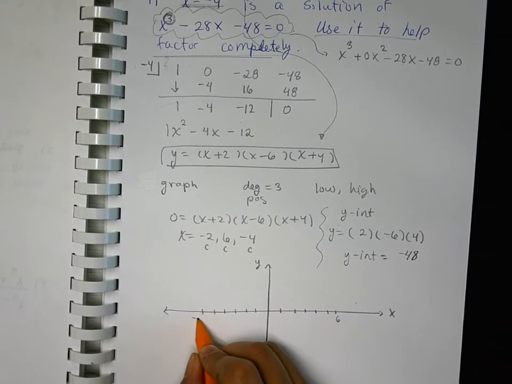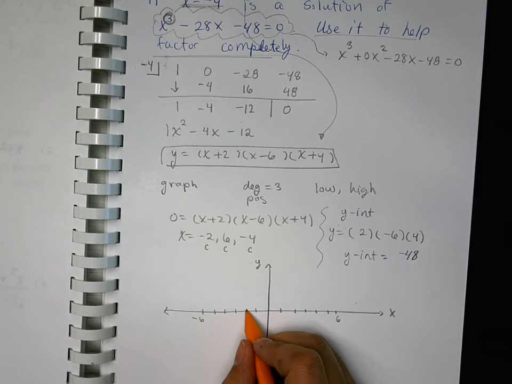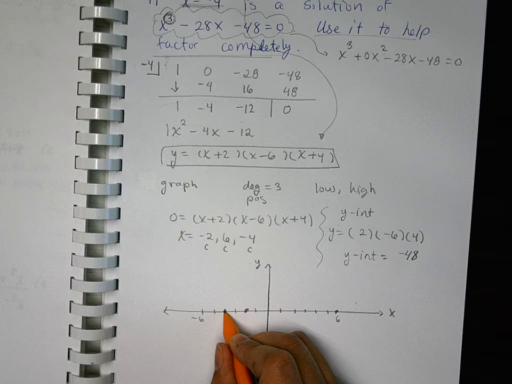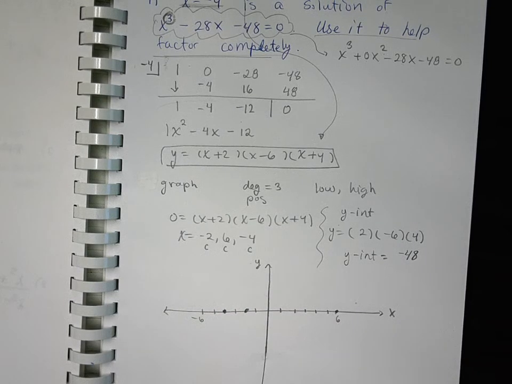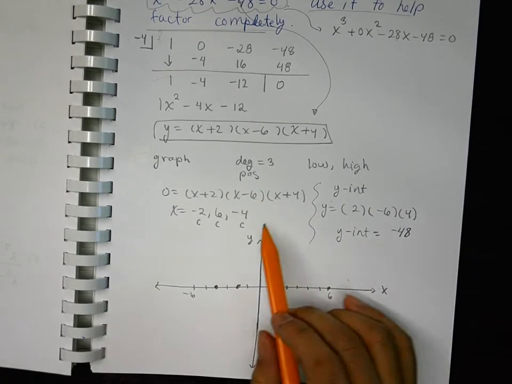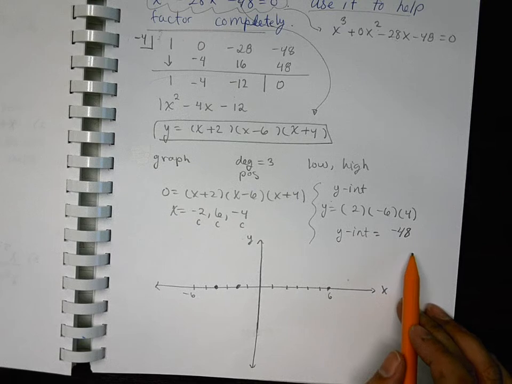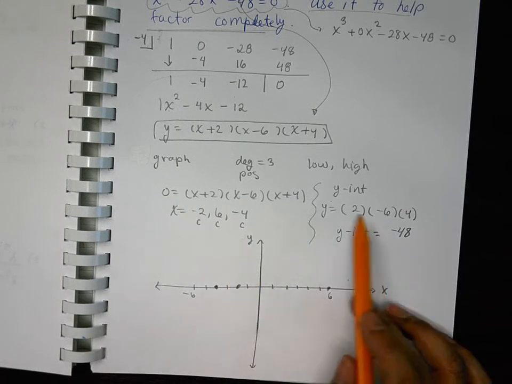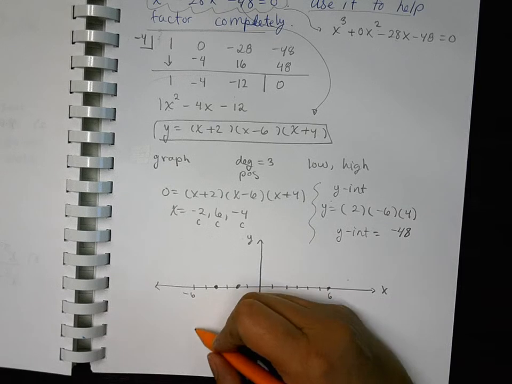All right, so I have an intercept at negative 2, positive 6 and negative 4. And I have a y-intercept at negative 48. Okay, and they're all crosses here. So let's take a look. I'm going to start low, cross.